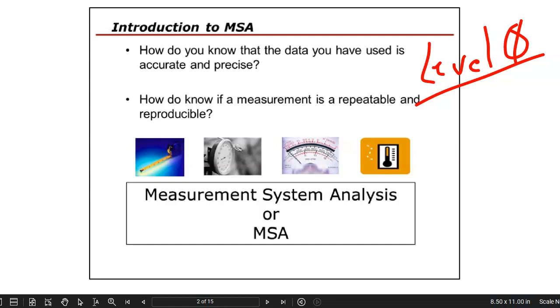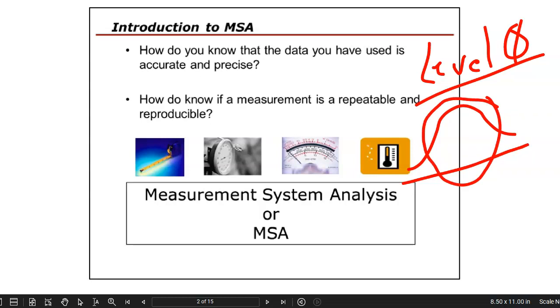Is the amount of variation that you see in your data set, the fatness of the curve in the data that you're collecting, a result of operational issues, machine issues, standard operating procedure issues, or is a large amount of the fatness of the curve a result of the inability for you to measure consistently over and over again the same phenomena? That's what measurement system analysis is all about.